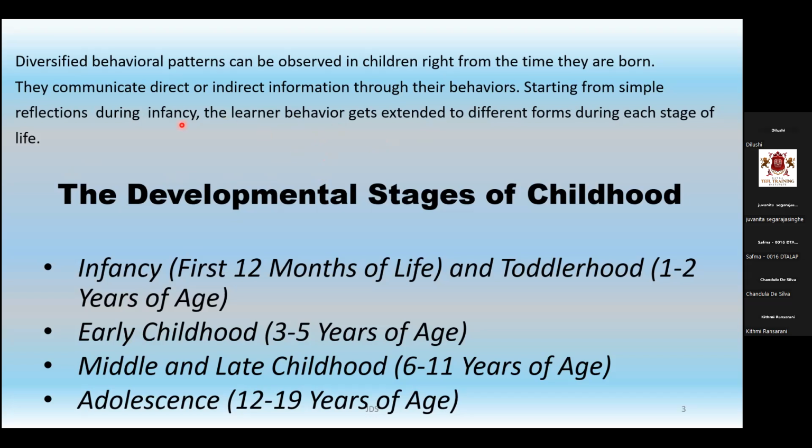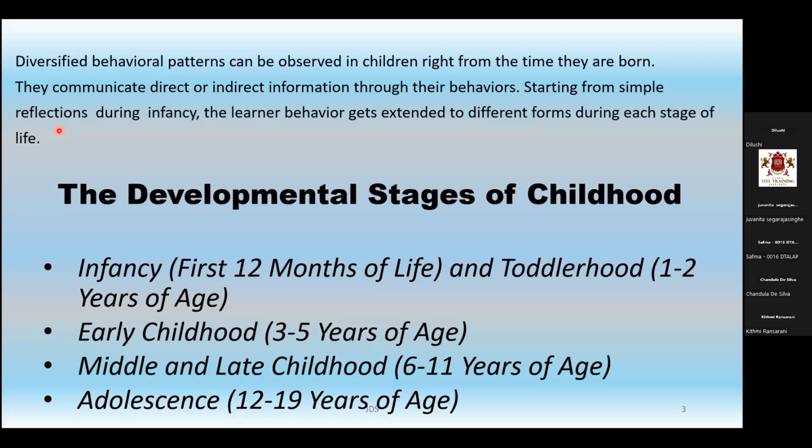Starting from simple reflections during infancy, the learner behavior gets extended to different forms during each stage of life. Reflections means involuntary actions. Like when you observe an infant, it will just smile or blink its eyes. All those are known to be reflections.